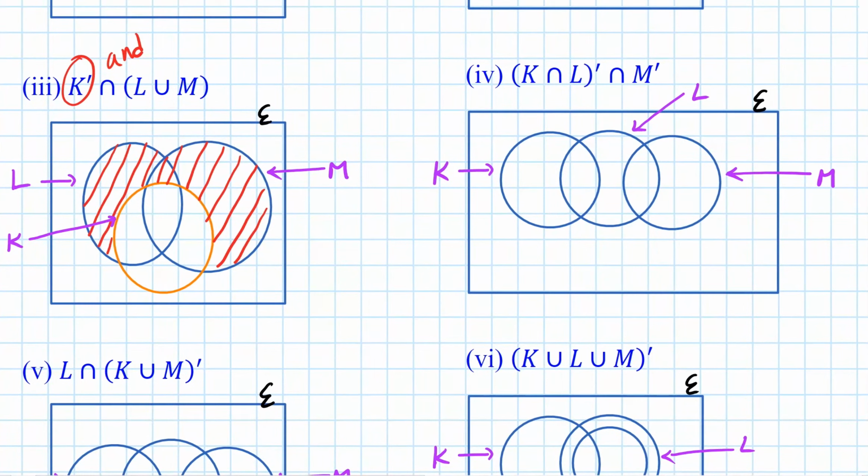Now the fourth one, K intersection L complement. So the intersection here is that bit. You are outside that and also you are outside that. You color everything else, which means you are not coloring these two areas that I just indicated, but outside. Hence we can color the area outside.